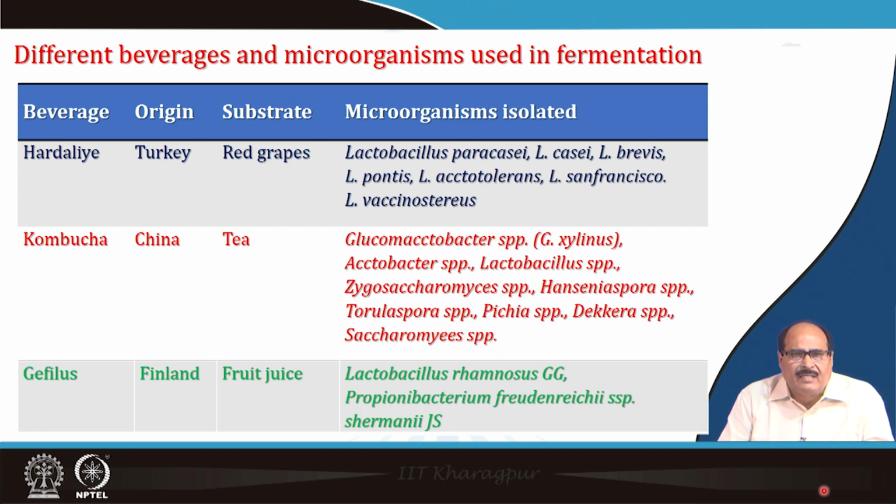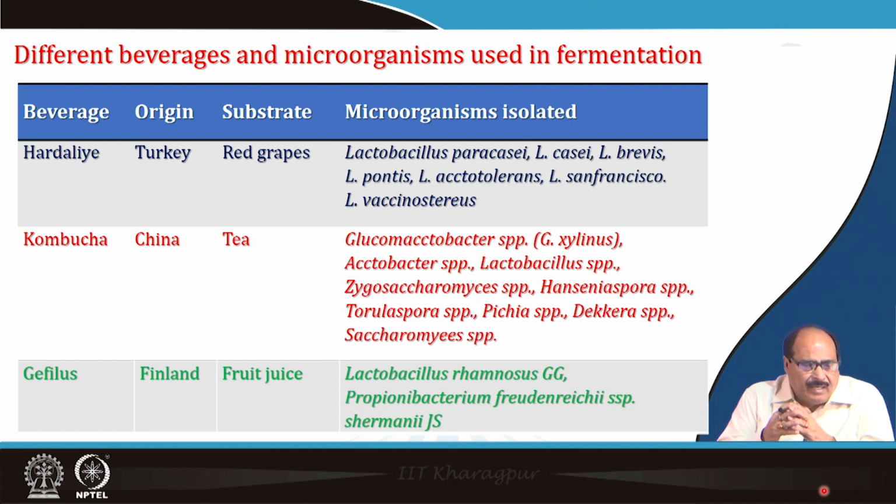So, in this table, in one or two slides, I have tried to give you the different fermented beverages prepared in different countries, and the microorganism used for their fermentation, or isolated from these fermented beverages.